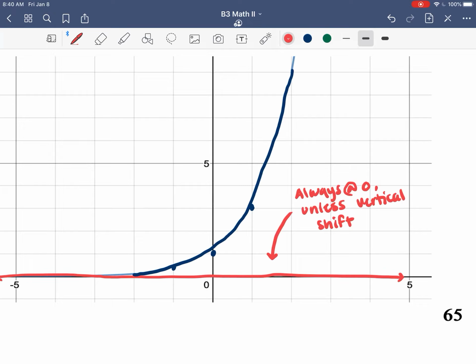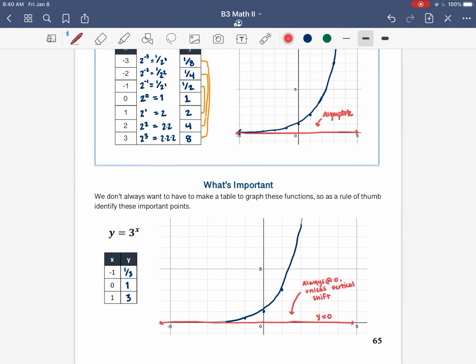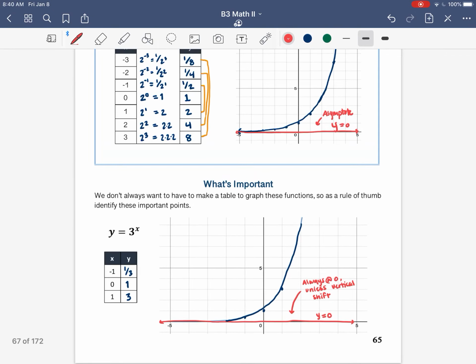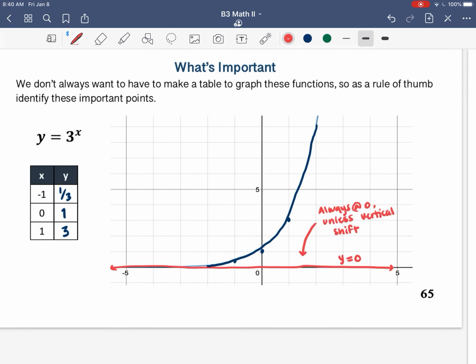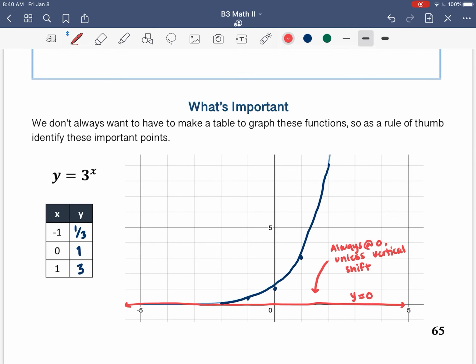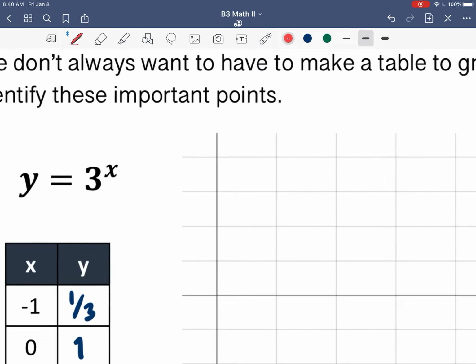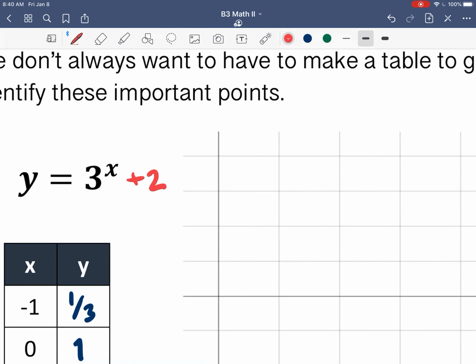On your homework also, there's a question that asks you for the equation of the asymptote. Equations of asymptotes are y equals something, so this one specifically is y equals 0, and so is that one up here. This is also a y equals 0 asymptote. And it stays at y equals 0 unless you shift the whole graph up or down by adding or subtracting a number on the outside. That would look like +2 or something on the outside of the function.